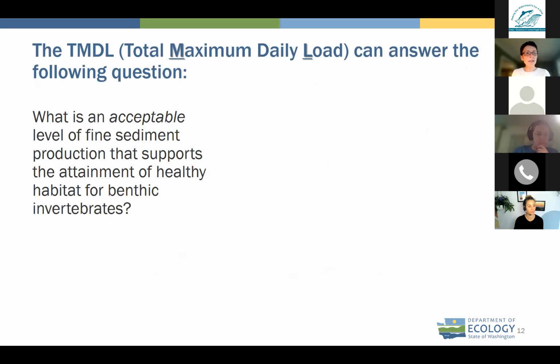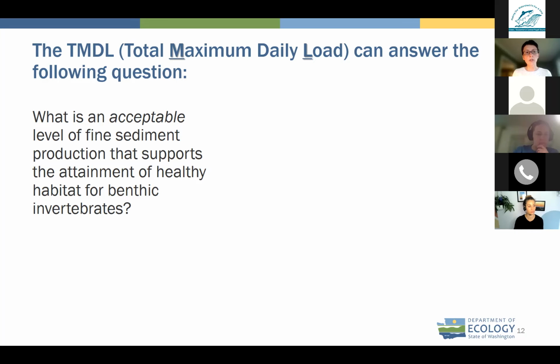But this brings us to the main question that the TMDL can help us answer. Remember that TMDL stands for total maximum daily load, which means that we can expect the TMDL to tell us the maximum amount of a pollutant that a stream can handle and not be impaired.